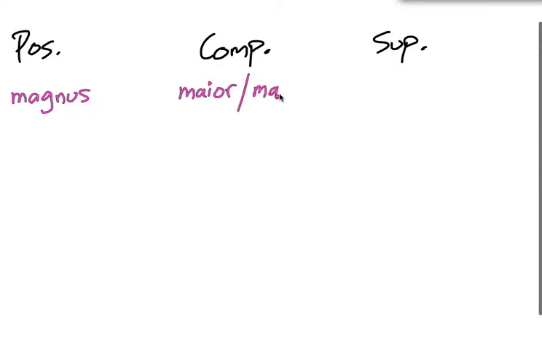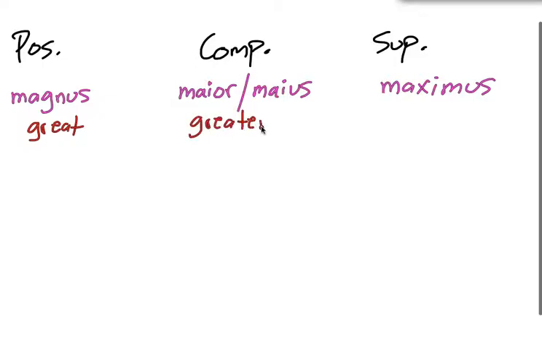So the neuter would be maius. And then the superlative is maximus. So magnus, major, maximus. Magnus is great, major, greater, and maximus, greatest.